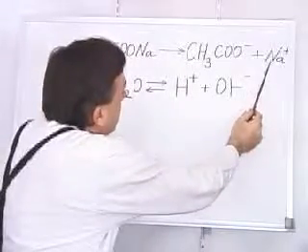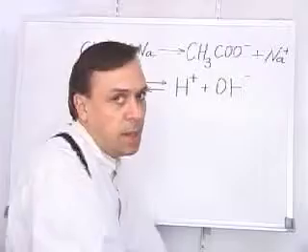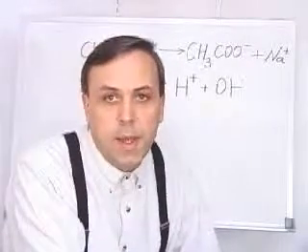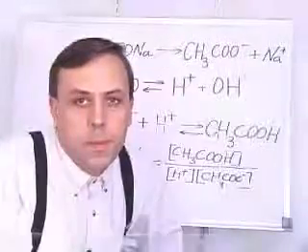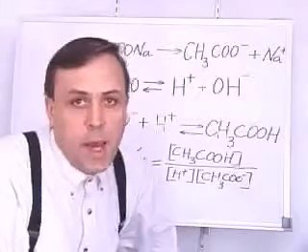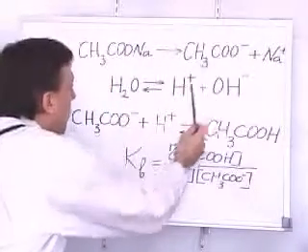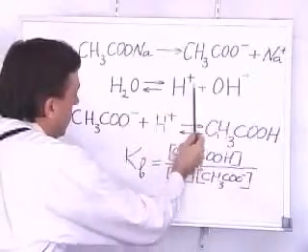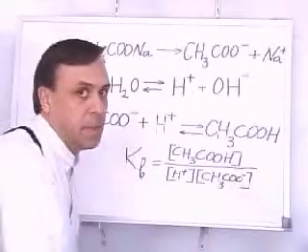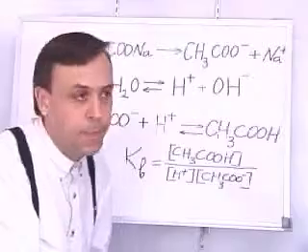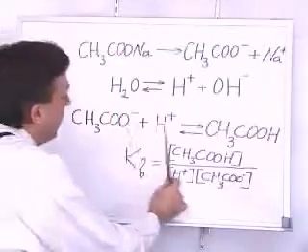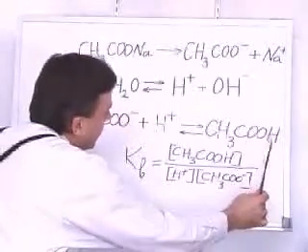Indeed, the sodium and the hydroxide ions can coexist as separate entities in the solution. As soon as the acetate ions appear in the solution, they immediately bind with the protons from this equilibrium, as has been said many times already, and form with them acetic acid.